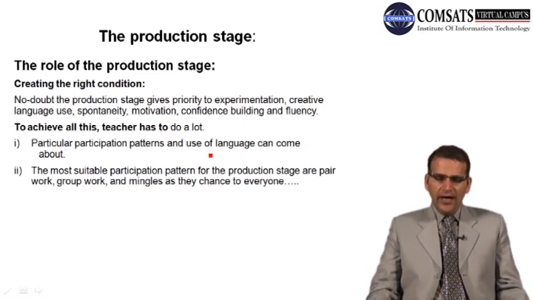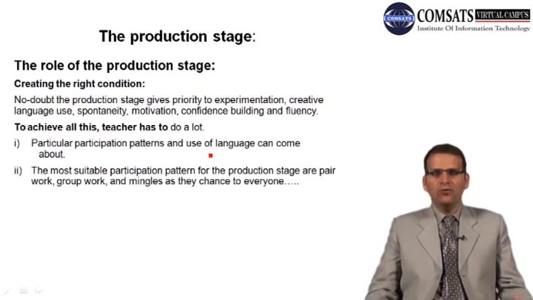That's what we do. And to achieve all these things, the teacher has to do a lot. The teacher has to create the right environment. Fine? Only then can a student be spontaneous, only then can a student be motivated, only then can a student experiment, and think of new language items.